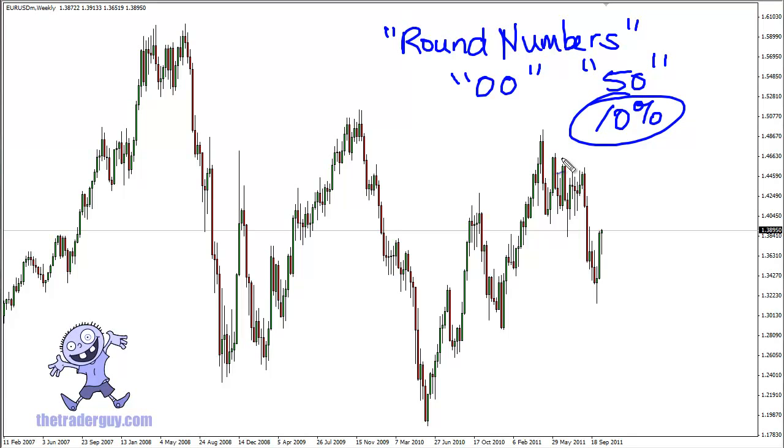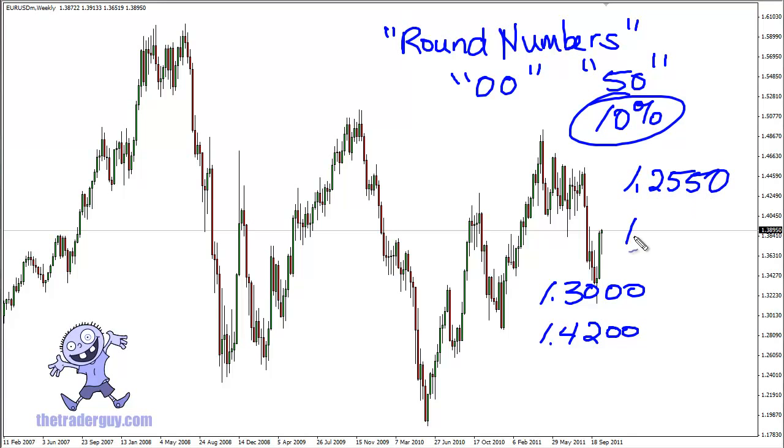This will vary slightly on charts, but I'm about to show you a trick that will clear a lot of this up. So a round number, for example, would be 130 even, 142 even. A 50 number, of course, would be 125.50, 131.50, and on and on.